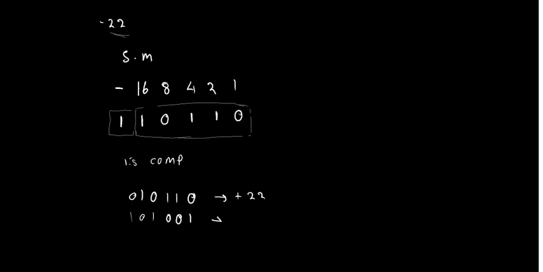And then in 2's complement, we can just add a 1 there. 1 0 1 0 0 1 plus a 1 there would add up to 1 0 1 0 1 1.